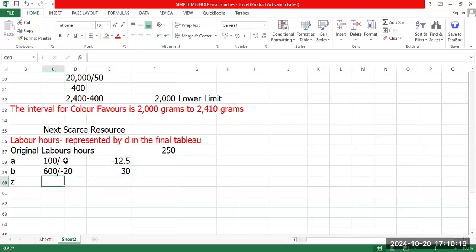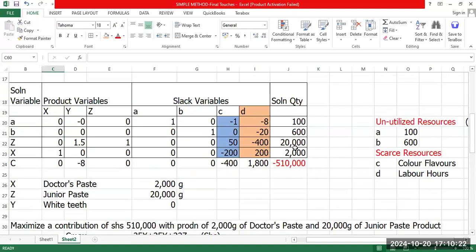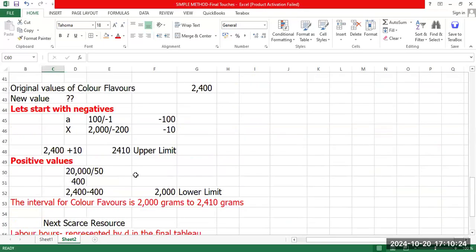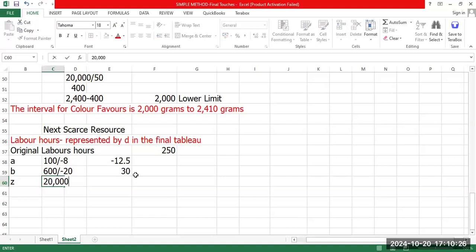Then next is 20,000 divided by negative 400. What do we get? Negative 50. Let me put here negatives.